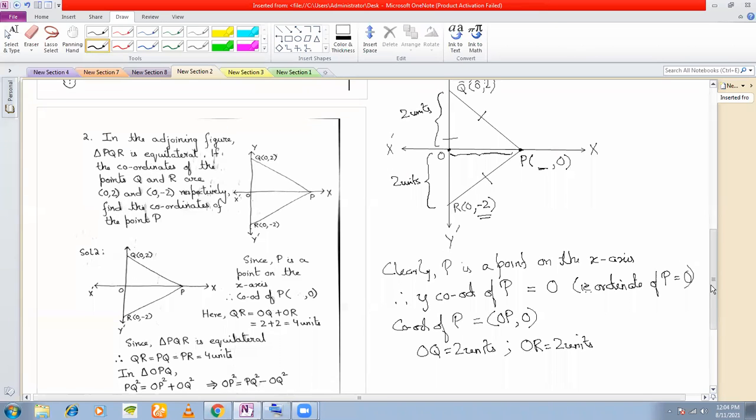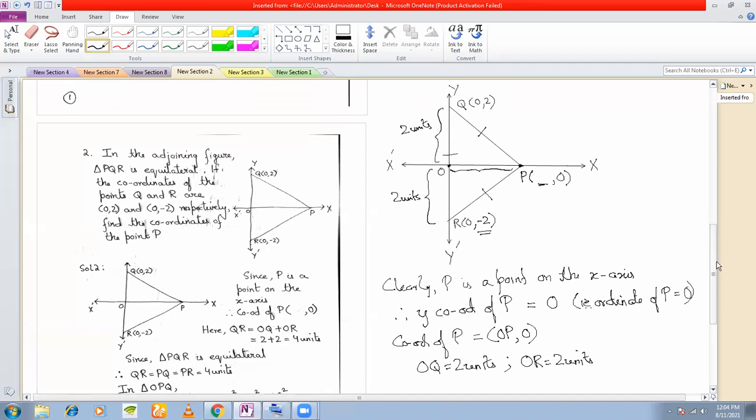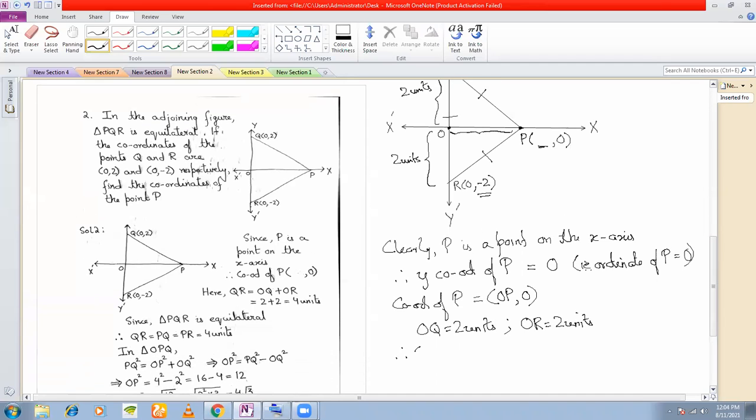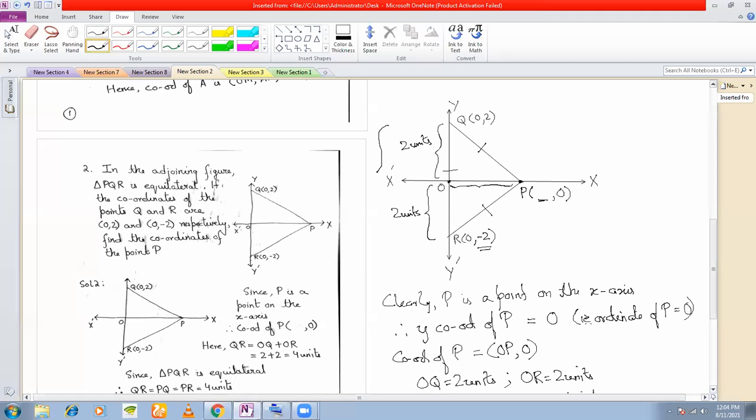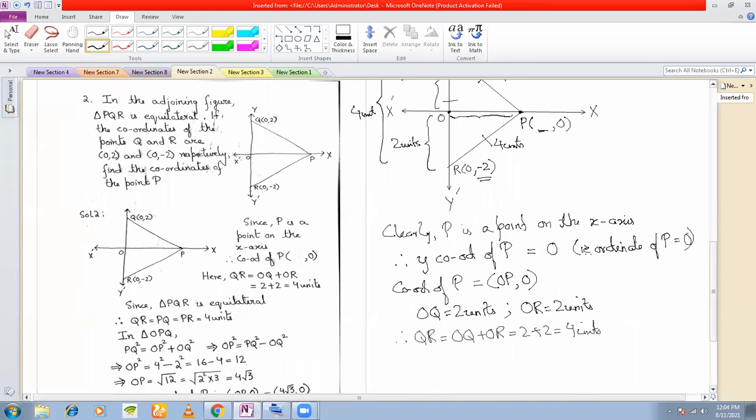So therefore, what is the length of QR? One side of the equilateral triangle. QR must be equal to OQ plus OR, right? 2 plus 2 equal to 4 units, right? So this entire length of this one side is 4 units. If this is 4 units, this is also 4 units. This is also 4 units, right?